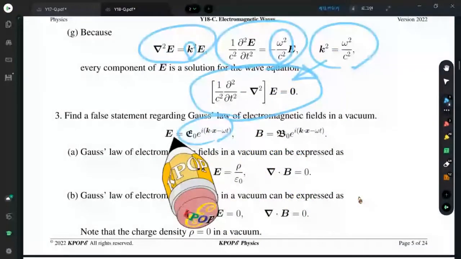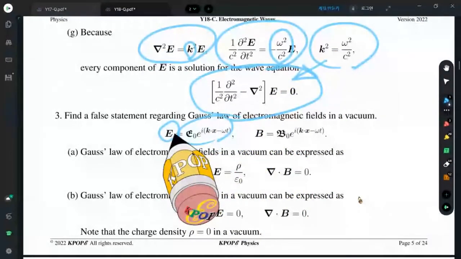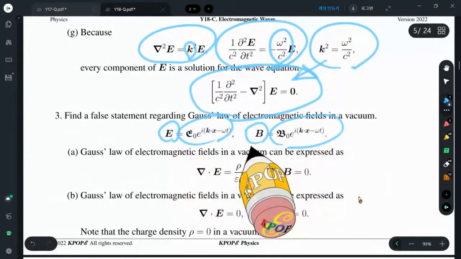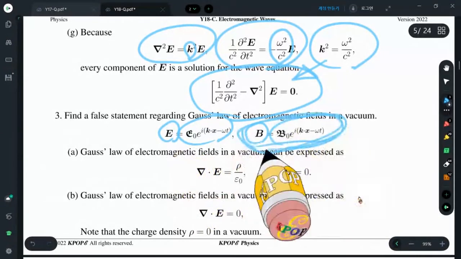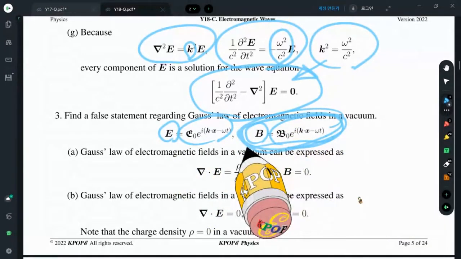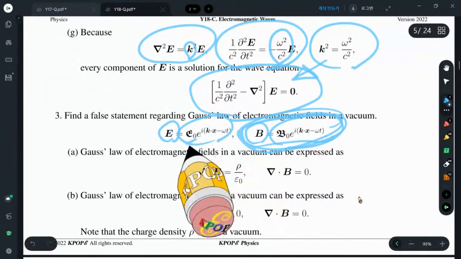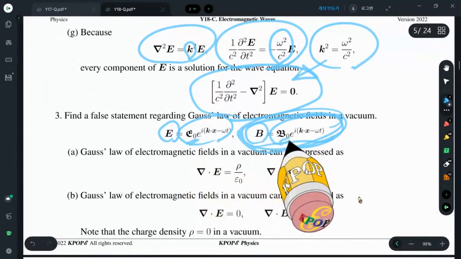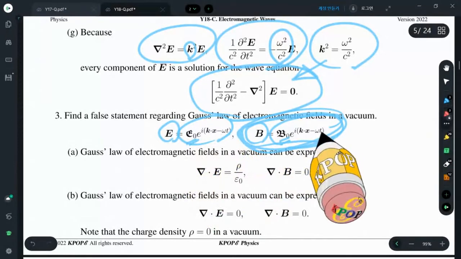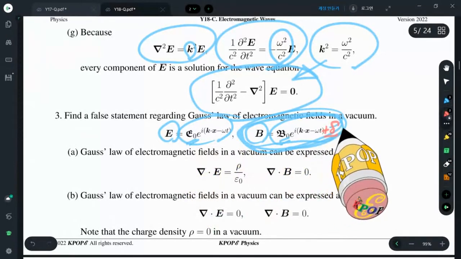So the electric field travels with the speed of light, and if I do the same job with the magnetic field, the magnetic field also travels with the speed of light. However, this one is in general a complex number, so there should be some phase difference.